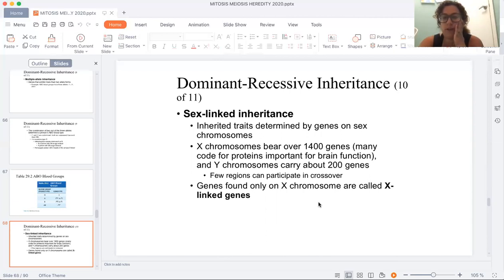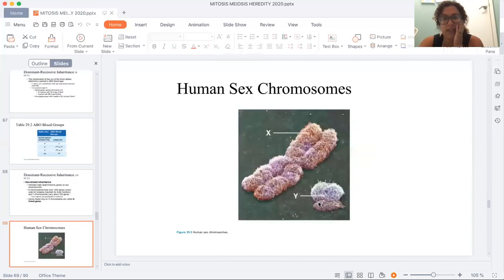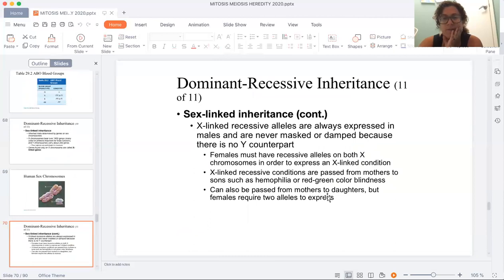If it's an X-linked dominant trait and you only have one X present and you have a Y, then guess what? You're getting that disease. Okay, if we look at an electron micrograph of what this XY looks like, this is the X with all the chromatid and chromatin coming around and genetic material, and this is the Y. Y is much shorter because it only holds about 200 genes.